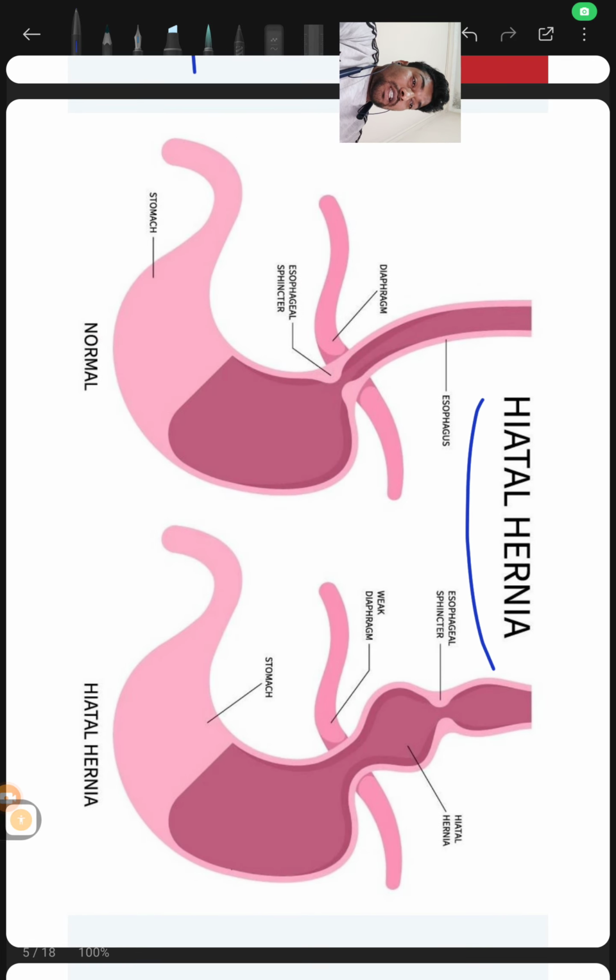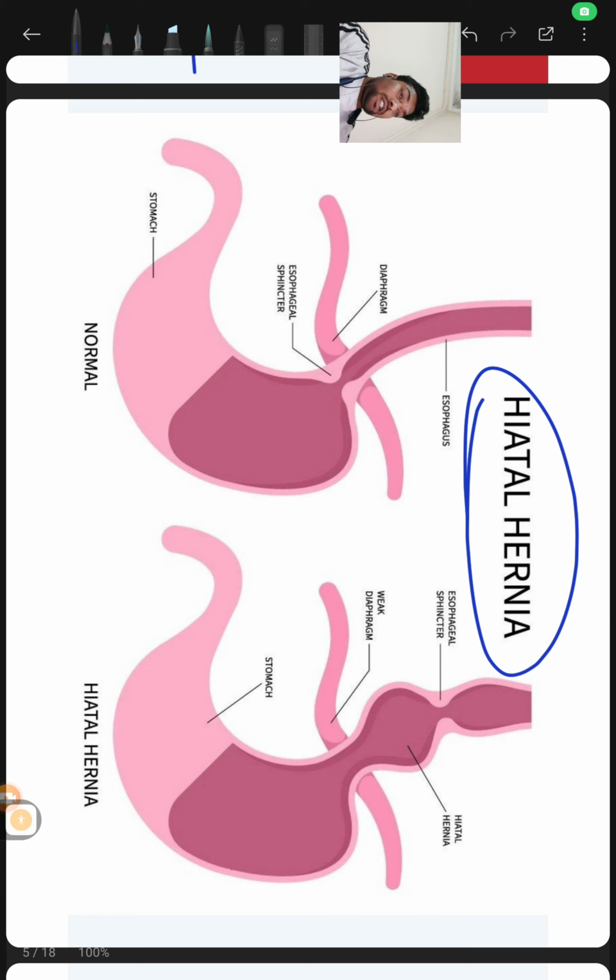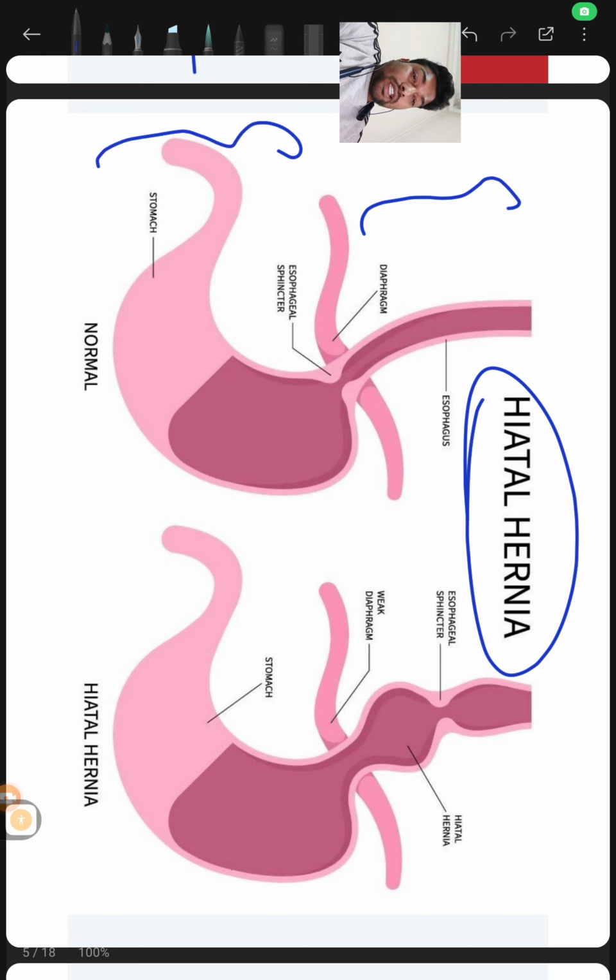So in hiatal hernia, what happens is that, as we know, the esophagus, that is the food pipe, and the digestive part, that is the stomach, are separated by the diaphragm, right? Below the diaphragm the stomach starts.